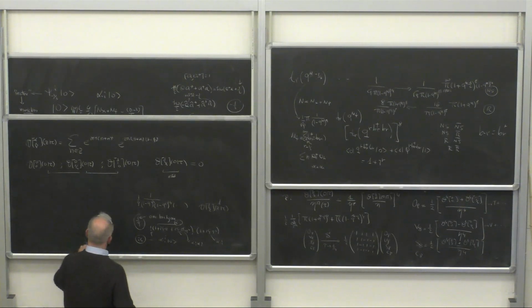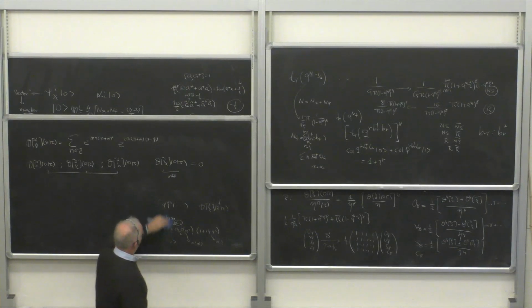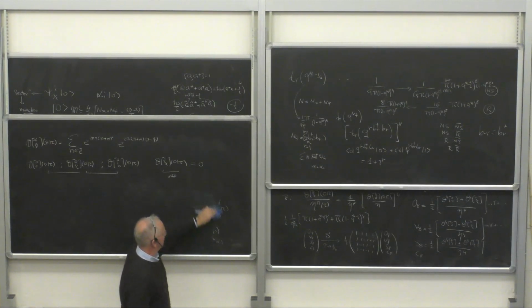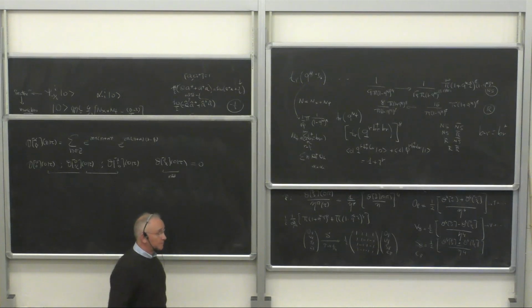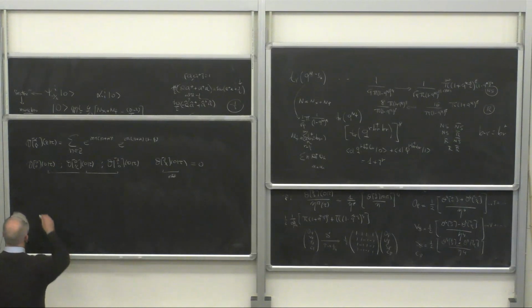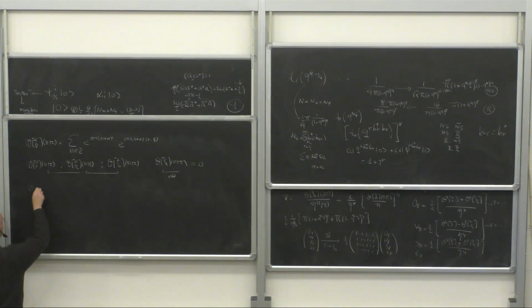And now, each of them transforms with a definite phase under the transformation tau goes to tau plus 1. This is usually called the T transformation.